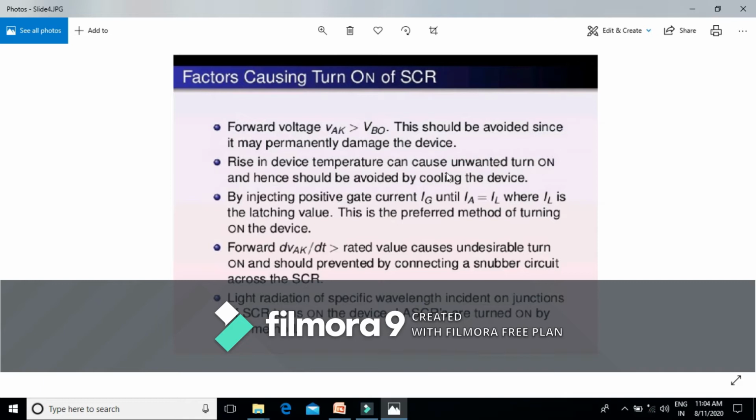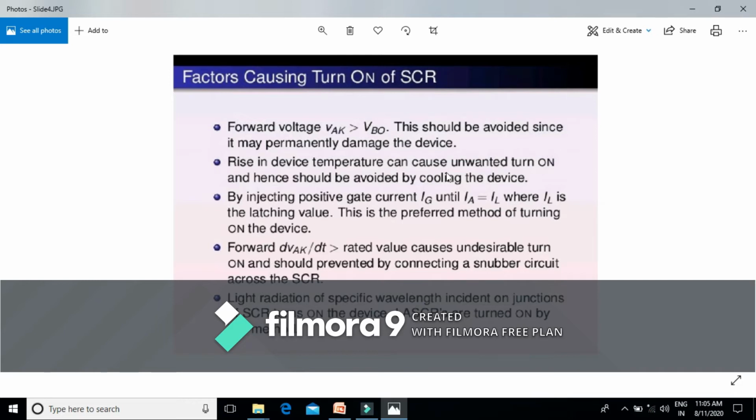These charge carriers cross the junction J2, get accelerated and strike the covalent bonds of the silicon to form more electron hole pairs. This results in new minority carriers. With these minority carriers, the layers N1 and P2 become flooded and lose their semiconductor properties.